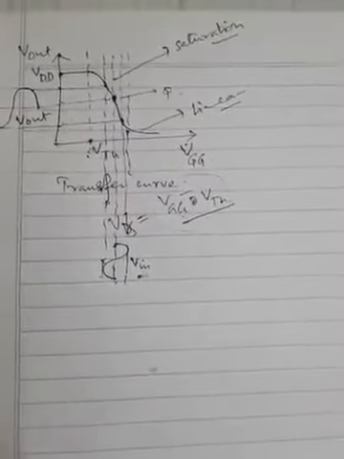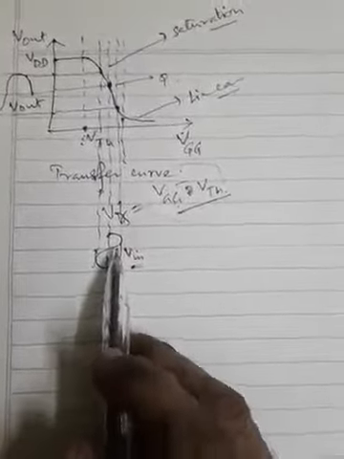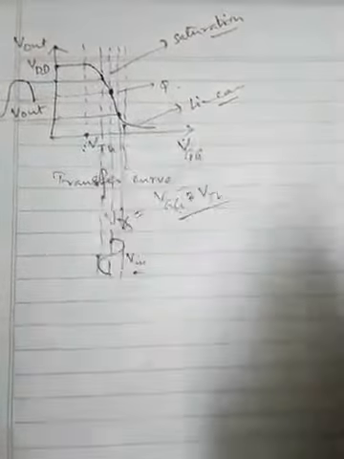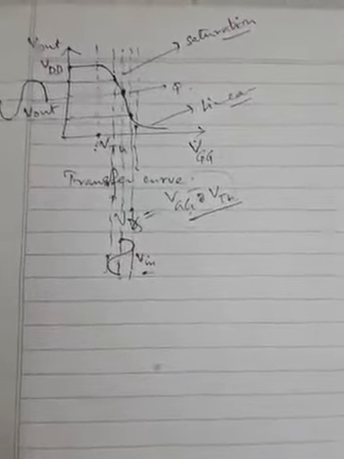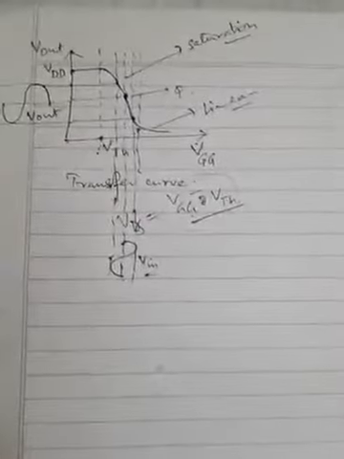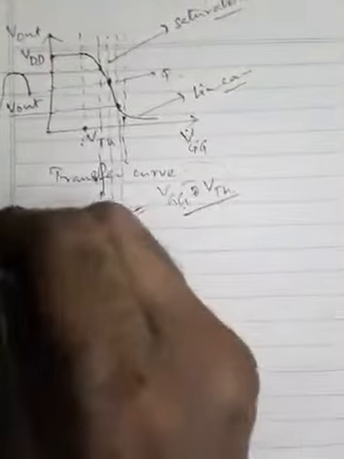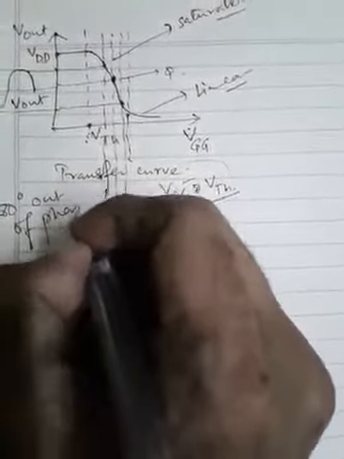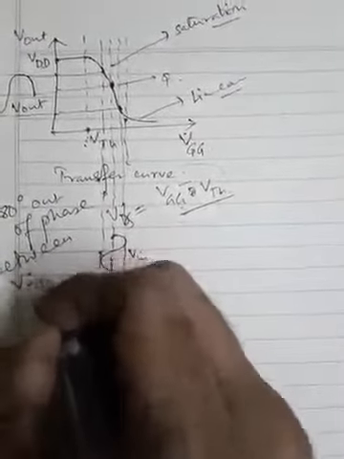That means the output signal will be an amplified form of the input signal, and that's why we can say this MOSFET is working like an amplifier. And also one thing needs to be observed, the phase between the input and the output signal is 180 degrees opposite. That means output is 180 degrees out of phase relation between V in and V out.